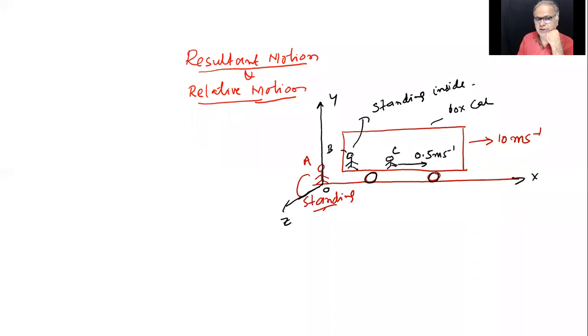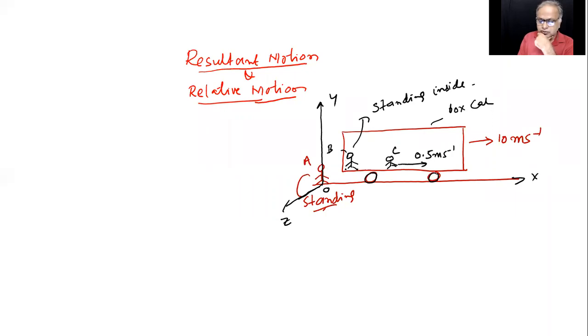The moment B sees outside, since the trees and buildings will be falling behind him, he will know that the boxcar is moving. Otherwise, for B, inside when he sits, the boxcar is not moving. So who is right? Don't say A is right and B is not right. A is right, B is right.